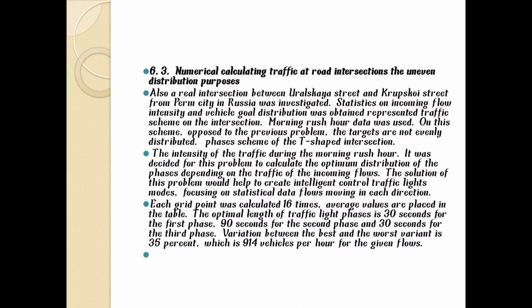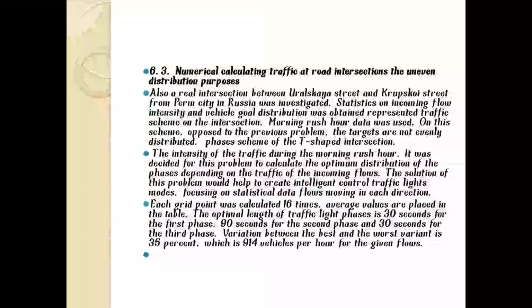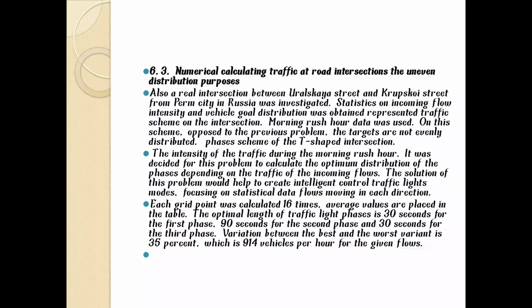Each grid point was calculated 60 times, and average values are placed in the table. The optimal length of traffic light phases is 30 seconds for the first phase, 90 seconds for the second phase, and 30 seconds for the third phase. The variation between the best and the worst variant is 35%, which is 914 vehicles per hour for the given flows.